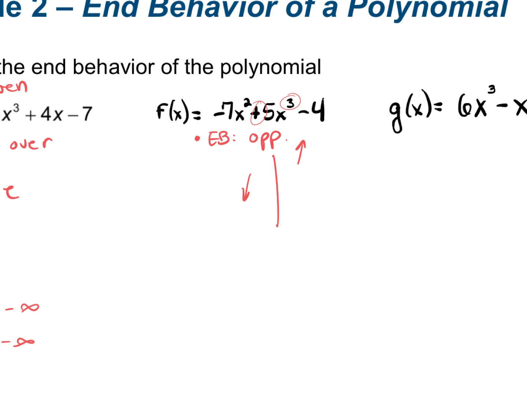Again, the middle part doesn't really matter because we don't know how to solve for it yet. Let's just care about the end behavior. It's going to look like that. So we're going to say as x reaches negative infinity, f of x is towards negative infinity. As x reaches positive infinity, f of x reaches infinity because it's falling to the left and rising to the right.